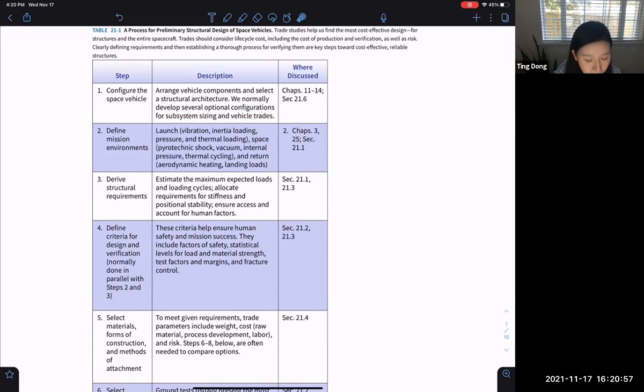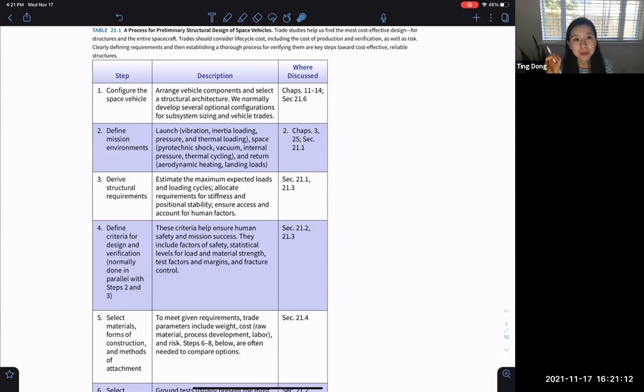And then we need to know the general requirements of our structure design. So basically, what is the maximum loading that we expect to have?